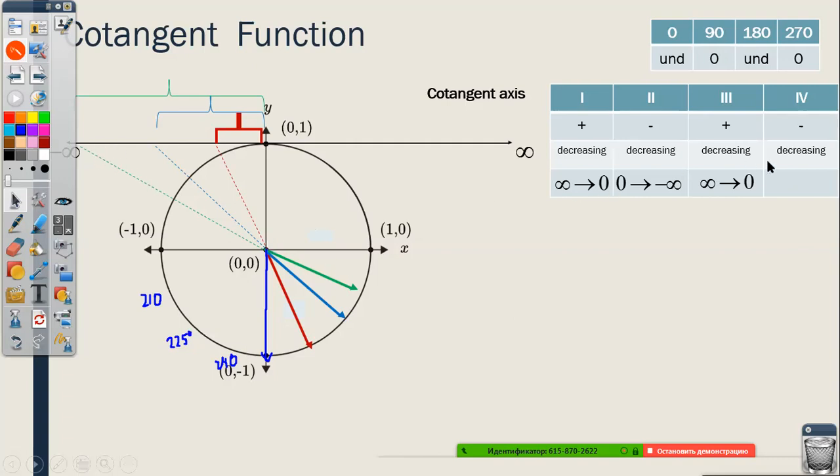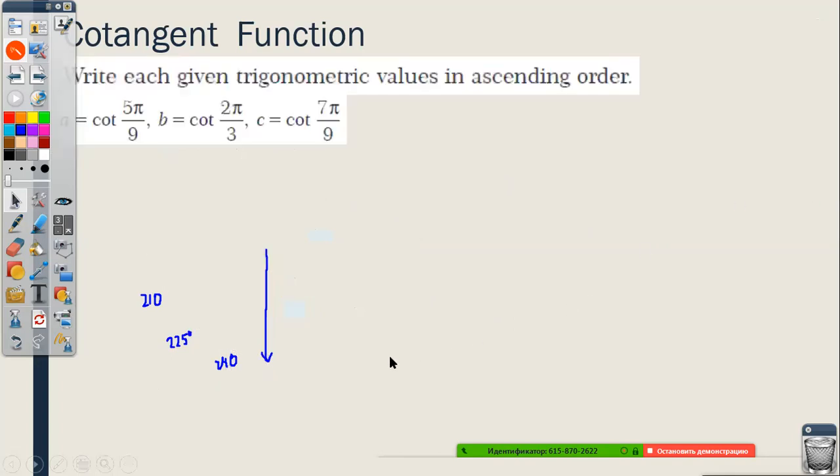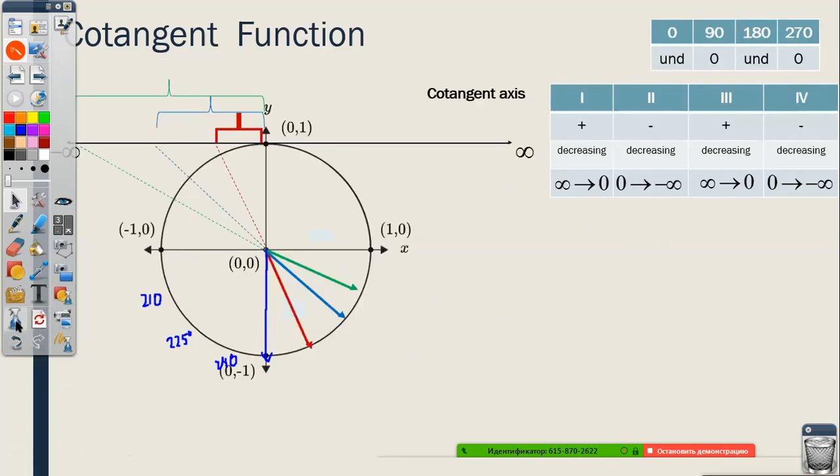So that's why in the fourth quadrant cotangent is decreasing, from 0 to minus infinity. In the fourth quadrant cotangent is negative, it's decreasing, and it's approaching minus infinity from 0. So here we see all about the cotangent function.